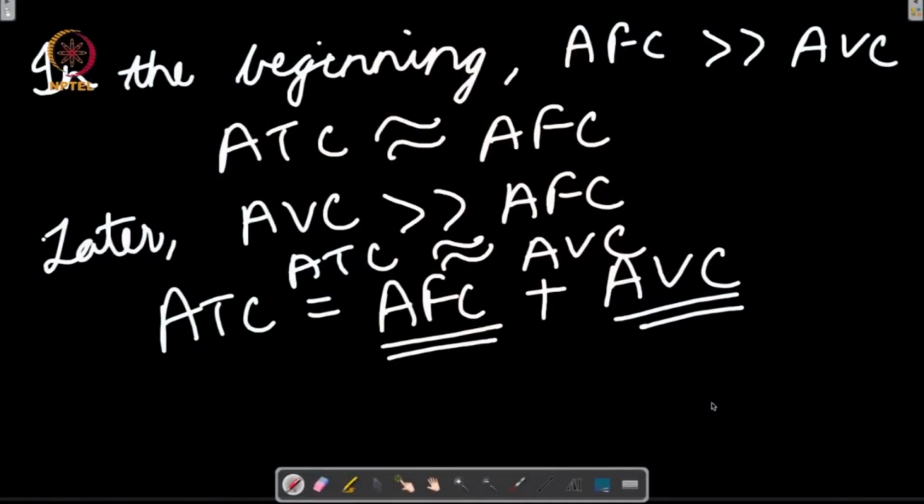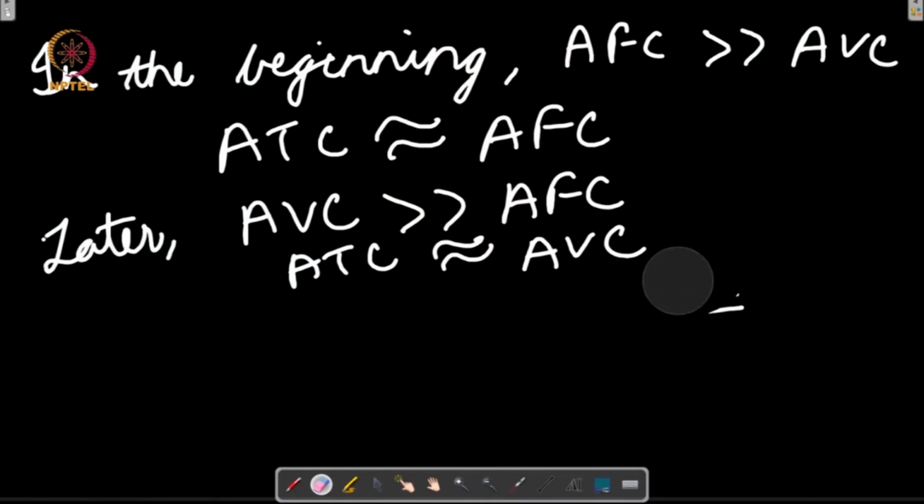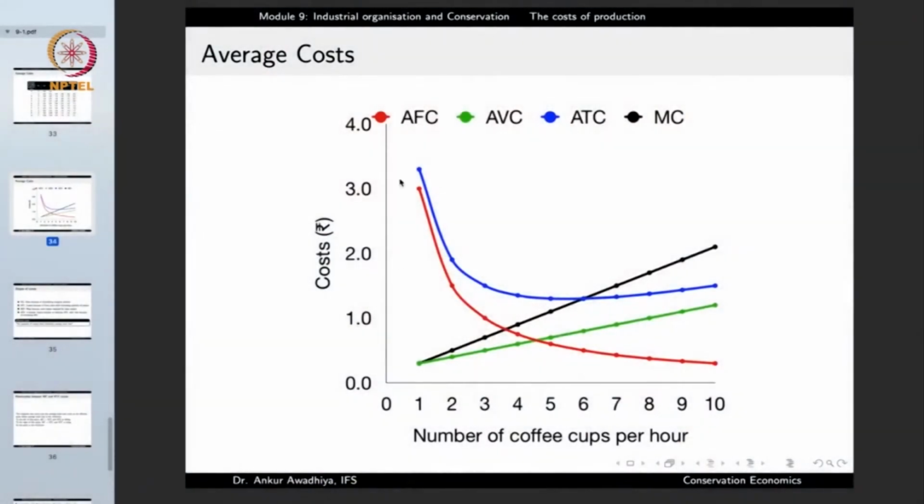Now, in the beginning, what is this telling us? If we look at the curve, in the beginning, the average total cost is roughly equal to the average fixed cost, which means that when the average fixed cost decreases, the average total cost also decreases, because we can neglect the average variable cost, which is very less.